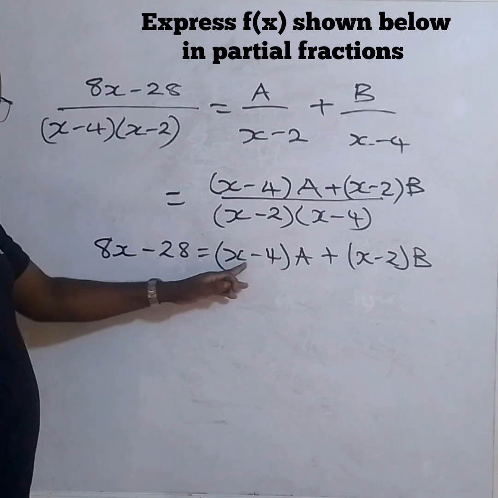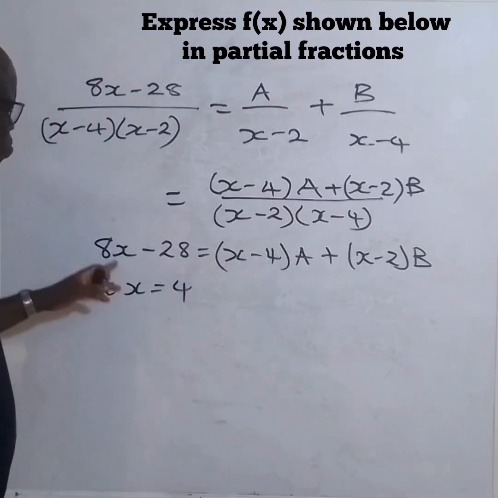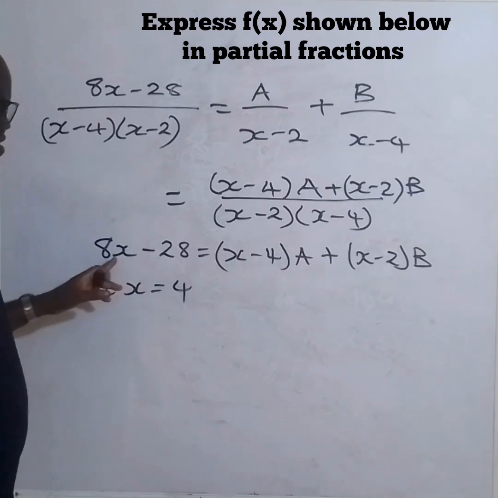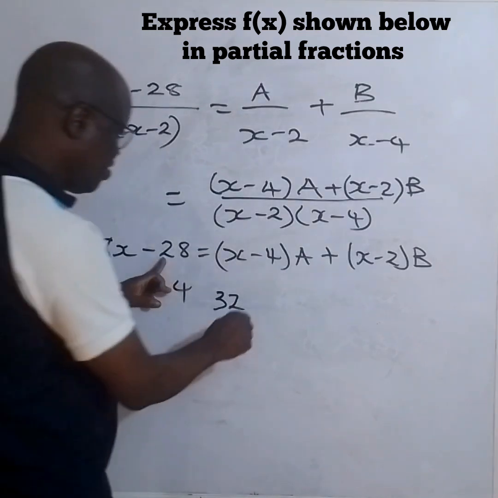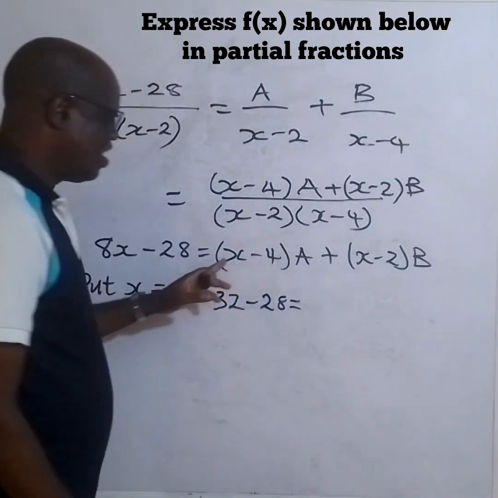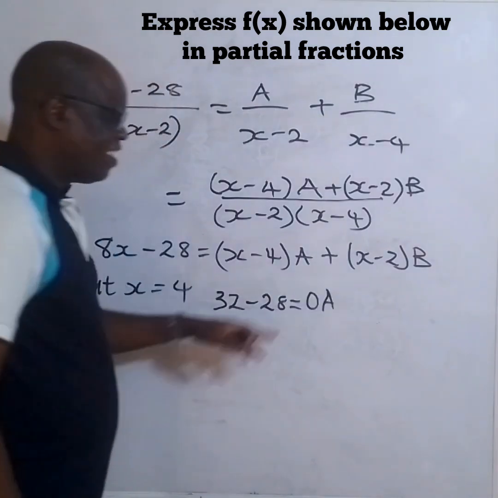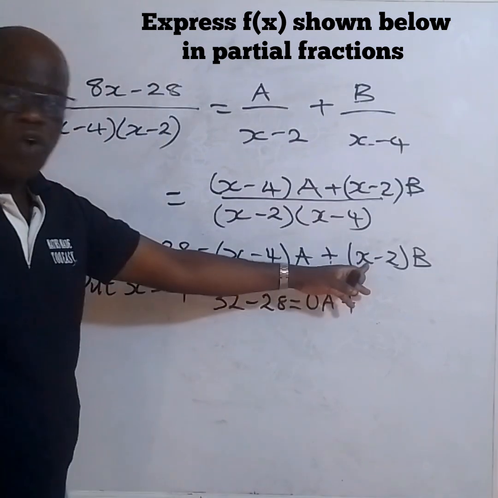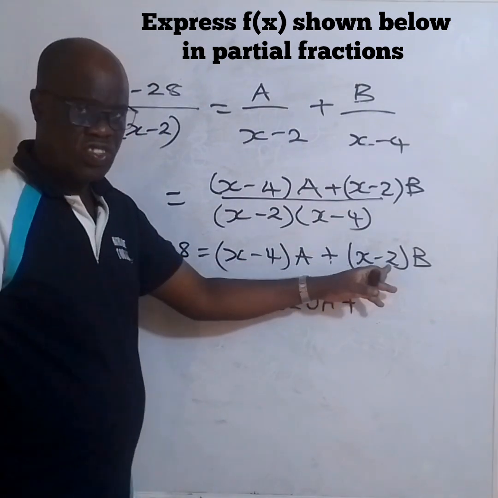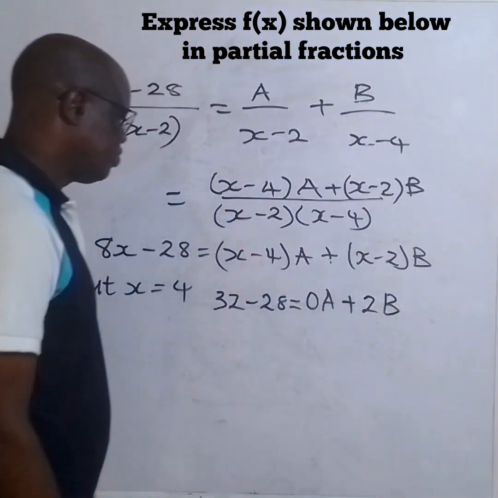So let's put x equal to 4. 8 times 4, that's 32, minus 28 is equal to, this is 4 minus 4, that is 0, A, plus this one is 4, 4 minus 2, that is 2, and that is 2B.